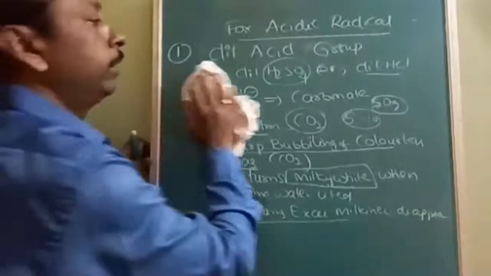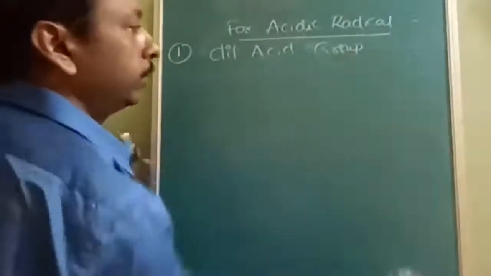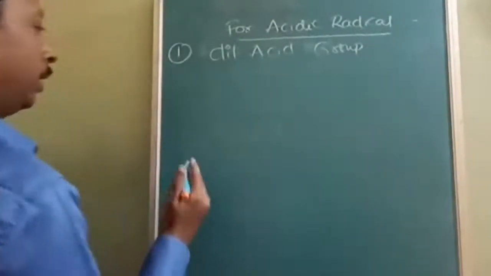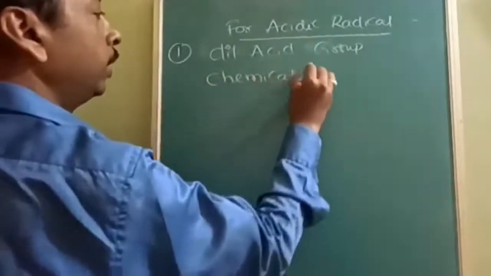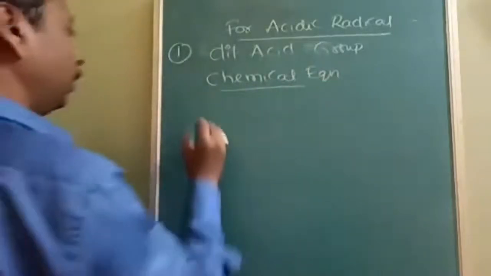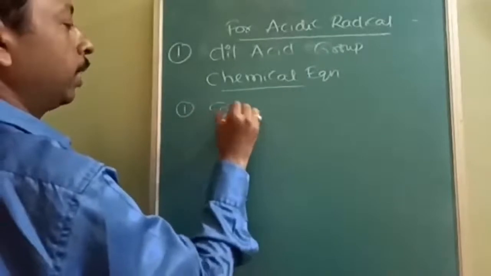Okay. So I will tell you, through the equation form, why CO2 is emitted, why it turns milky, and why it disappears. That is the only explanation, the chemical equation showing that. Let us take the given salt, calcium carbonate.